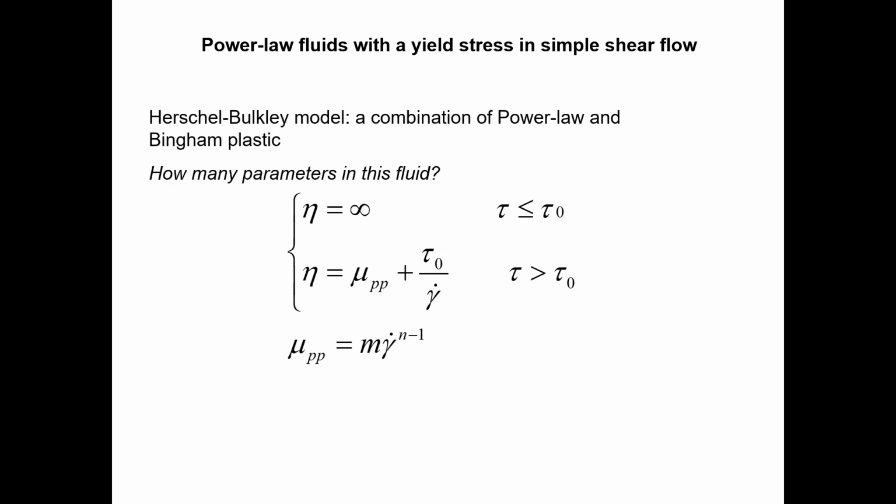So how are we going to fit that data? This model, Herschel-Bulkley, has 3 parameters. Let's say somebody gave me shear stress tau yx versus shear rate: m gamma dot to the n plus tau 0. And now I have to find 3 parameters.